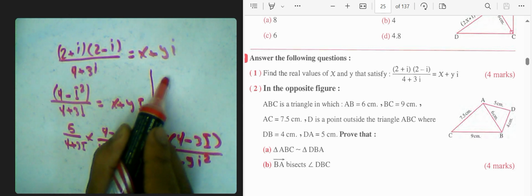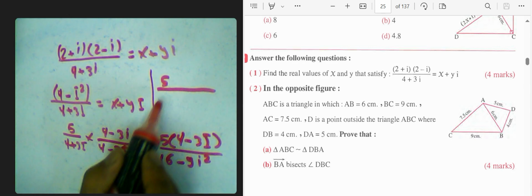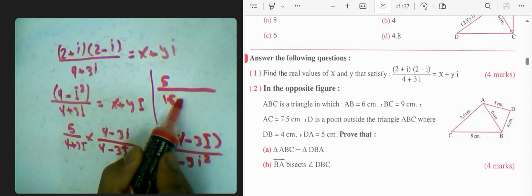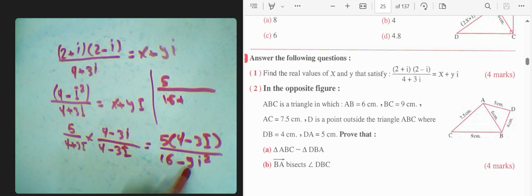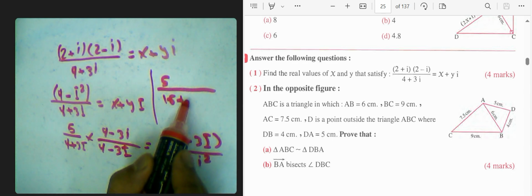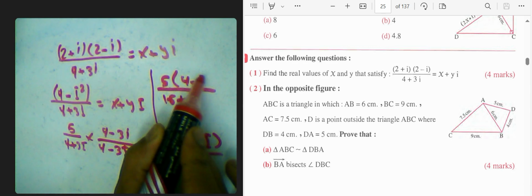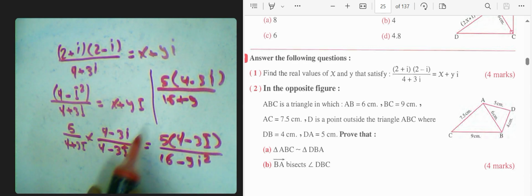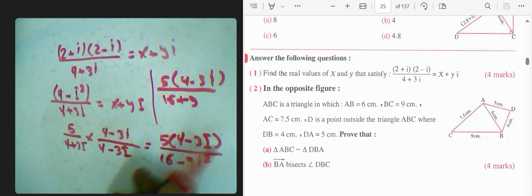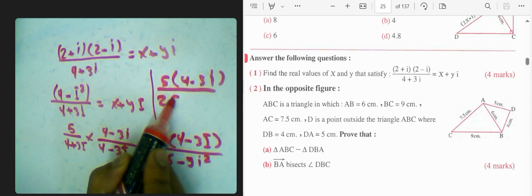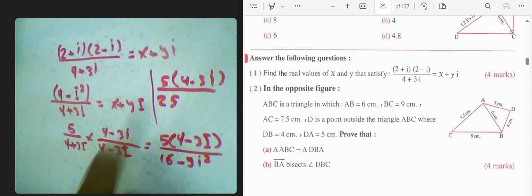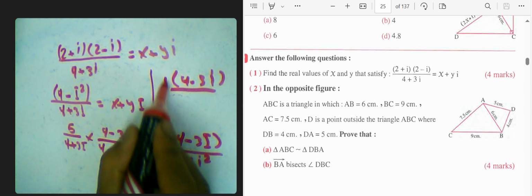Then you can write 5 here, and 16 subtract, it converts to positive, because i power 2 is negative, negative times negative is positive, positive 9, and here 5 times (4 subtract 3i). 16 plus 9 will be 25. Then 5 divided by 25 will be 1 over 5.